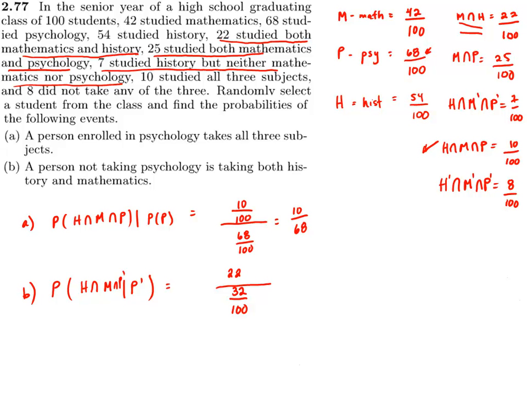So we can subtract this amount from the ones that are taking history and math. So this is 22 minus 10. So this is 12 over 32, which is 3 over 8.